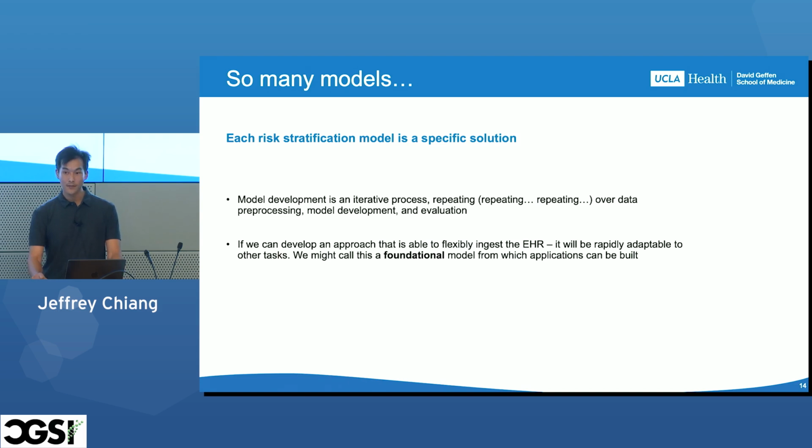But if we can develop an approach that can flexibly ingest data in the electronic health record, then we might be able to speed up the model development process and iterate a little quicker. You might be able to adapt this representation to other tasks. We might call this a foundational model for electronic health records.